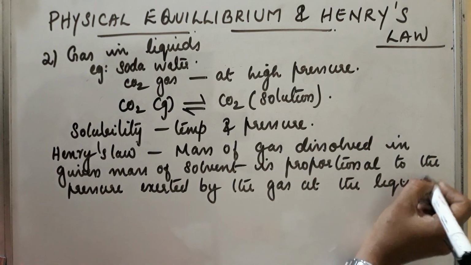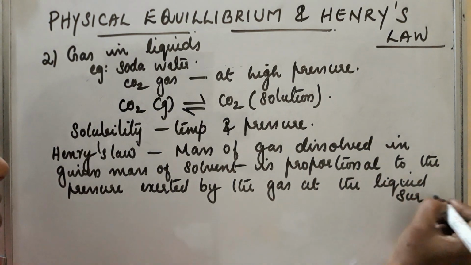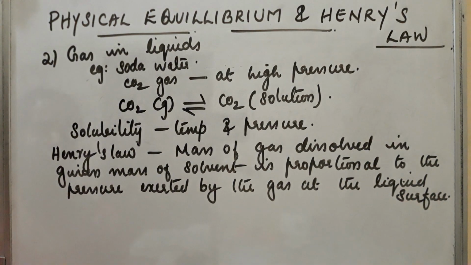So, by Henry's law, we can say that the mass of the gas dissolved in the given mass of the solvent is proportional to the pressure. So, solubility depends upon pressure at a particular temperature. Solubility depends upon temperature and pressure.